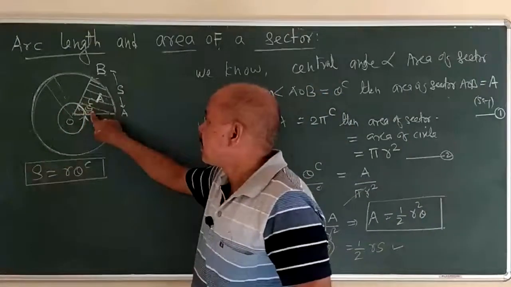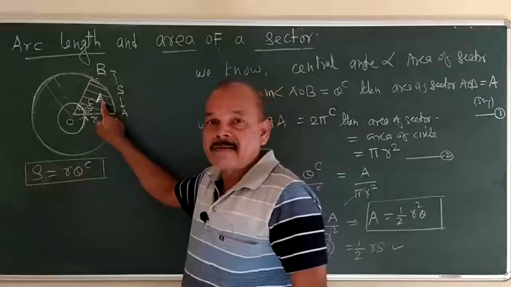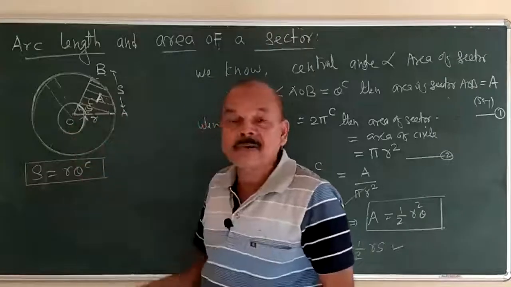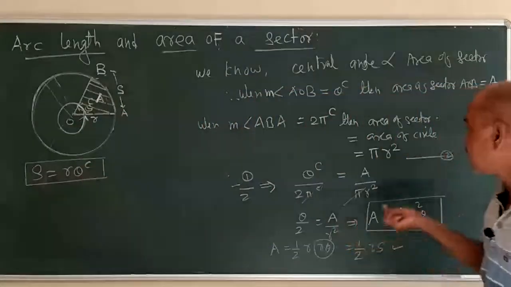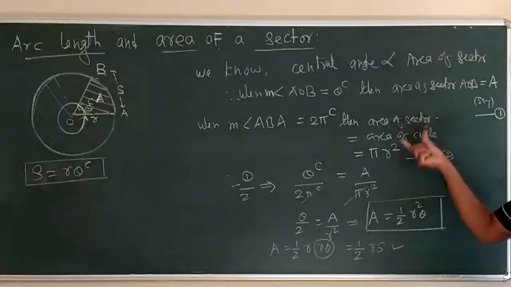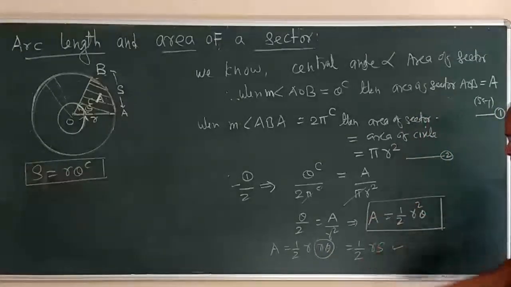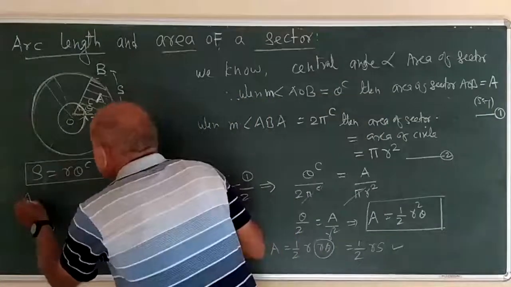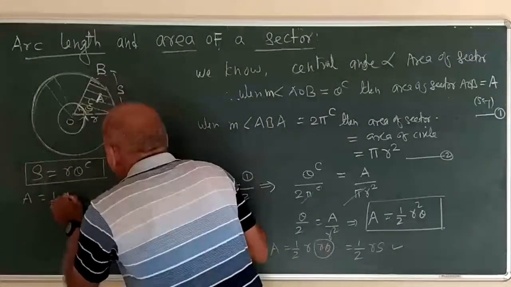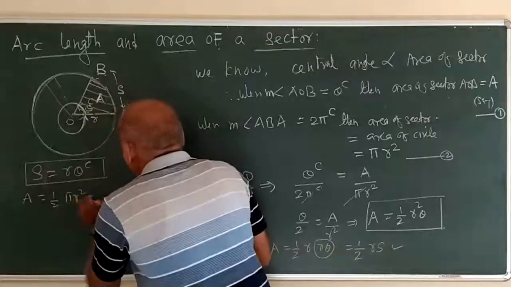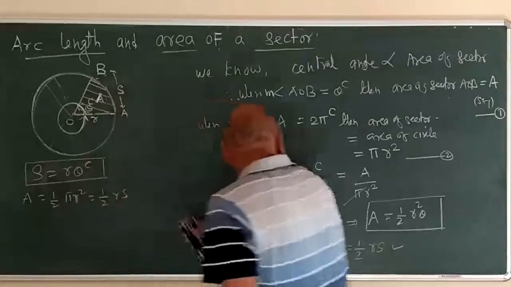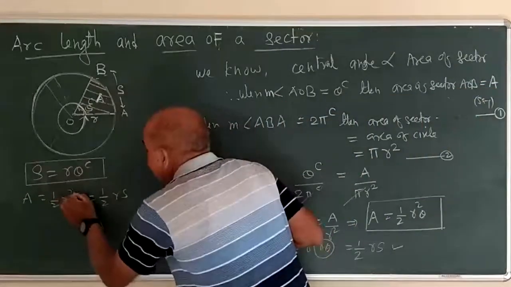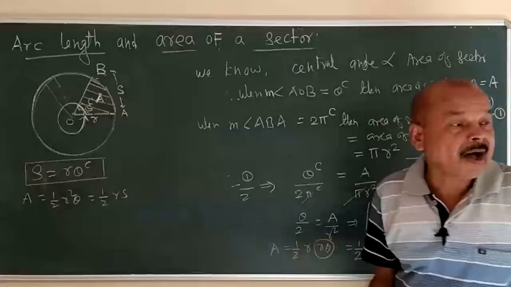When the central angle is theta radian, the area is A. When the central angle is 360 degree, that means 2 pi radian, then the area equals the area of the circle. Equating both, you get the relation for the area of a sector: A equals 1/2 r square theta, or 1/2 r S.